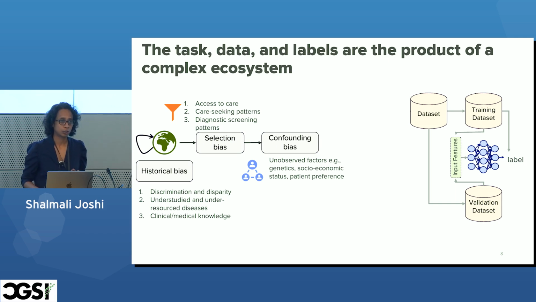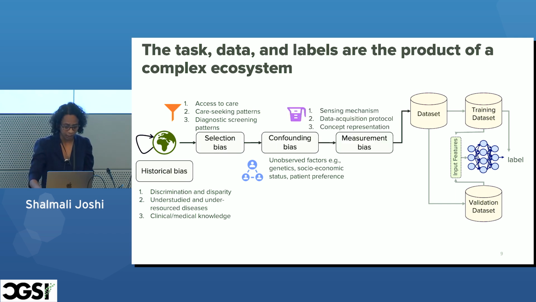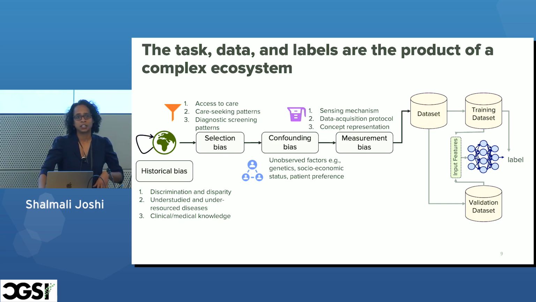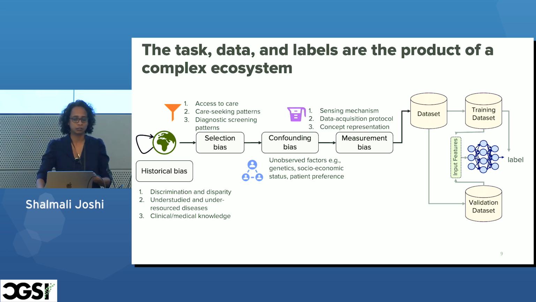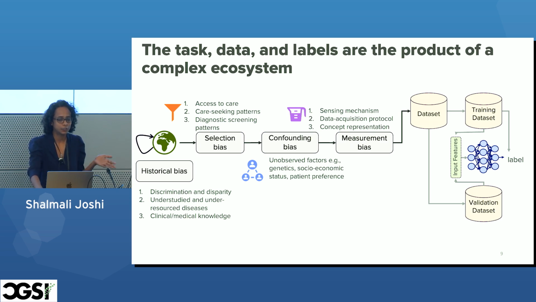Even things like socioeconomic status currently don't feature as if it's 100% available in all sorts of observational data of interest for us to analyze it properly. And then finally, even if there is a specific diagnostic test, and we know everything we need to do for a particular condition, for a given patient, sensing mechanisms, data acquisition devices are different.